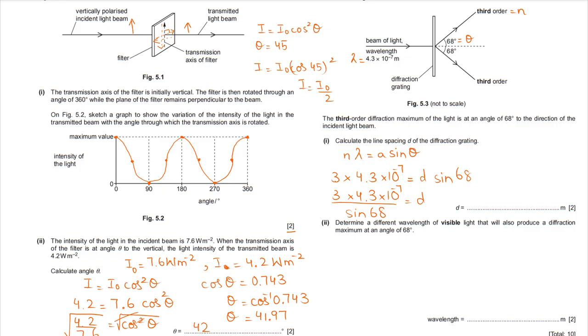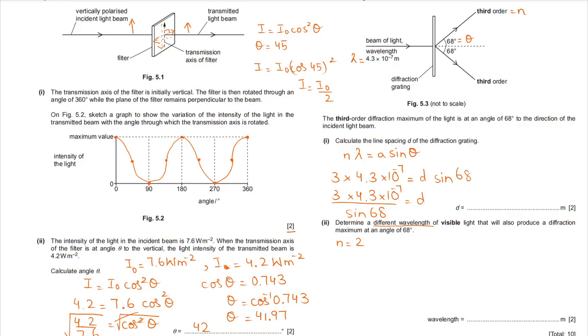So we have to find a different wavelength. We would have a different wavelength only if the order changes. If I change the wavelength, there is a possibility that at the same angle a second order maximum is produced instead of a third order maximum. So this time, let's consider the value of n as 2. Lambda is to be calculated.